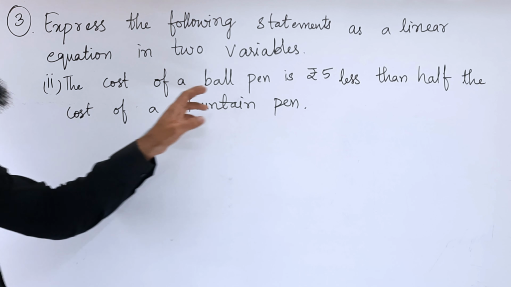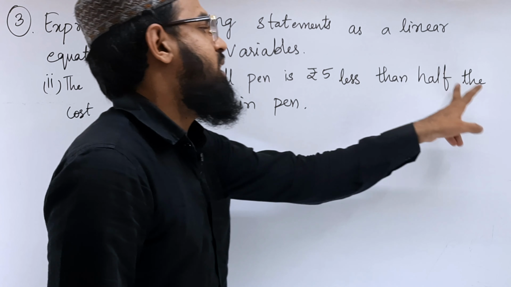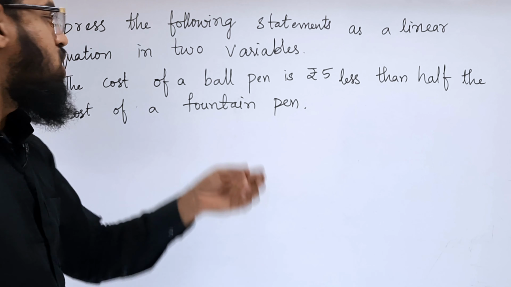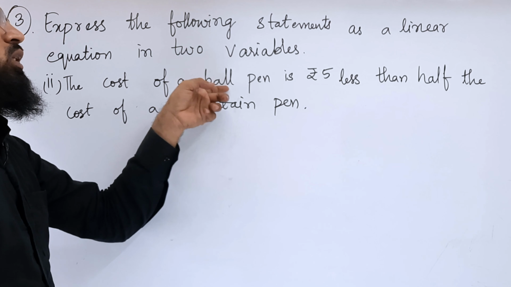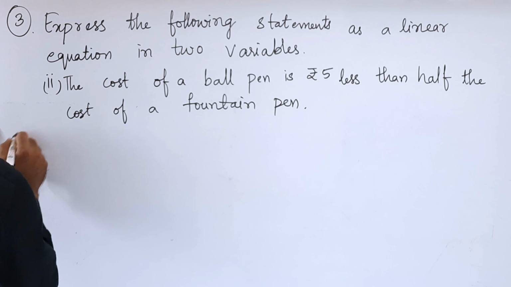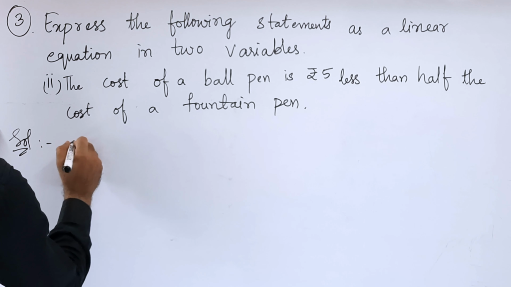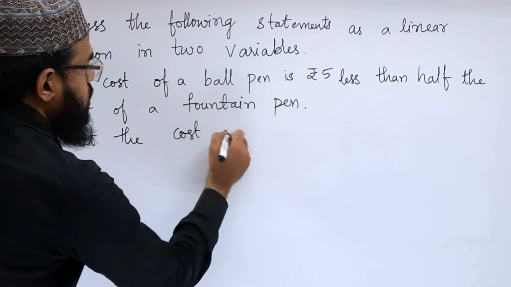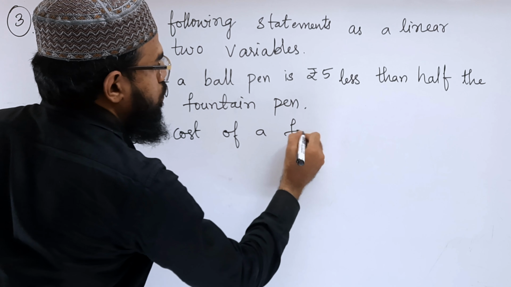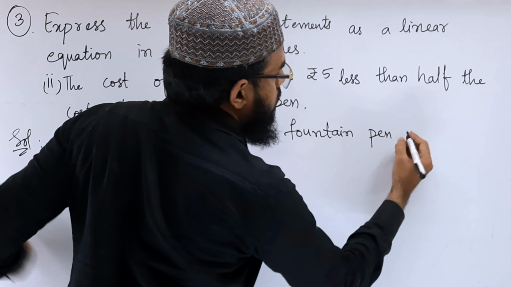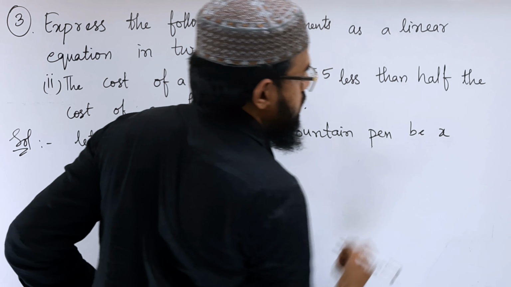Second bit, the cost of a ball pen is rupees 5 less than the half the cost of a fountain pen. So we don't know the cost of a fountain pen as well as the cost of the ball pen. So let us take in solution, let the cost of a fountain pen be x.